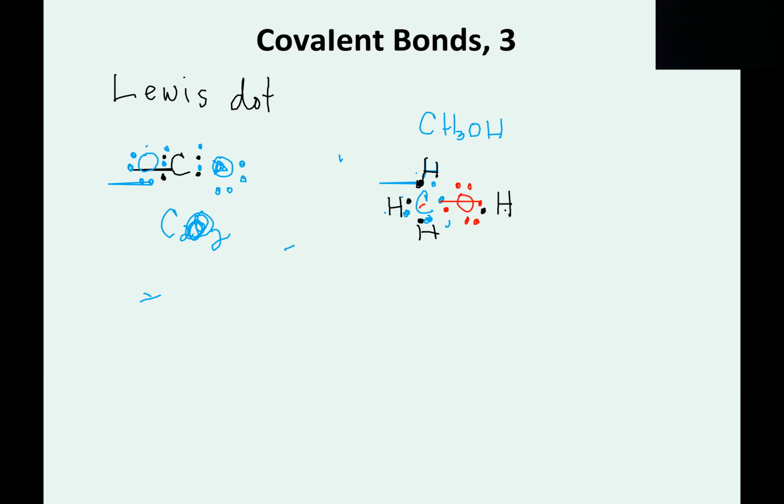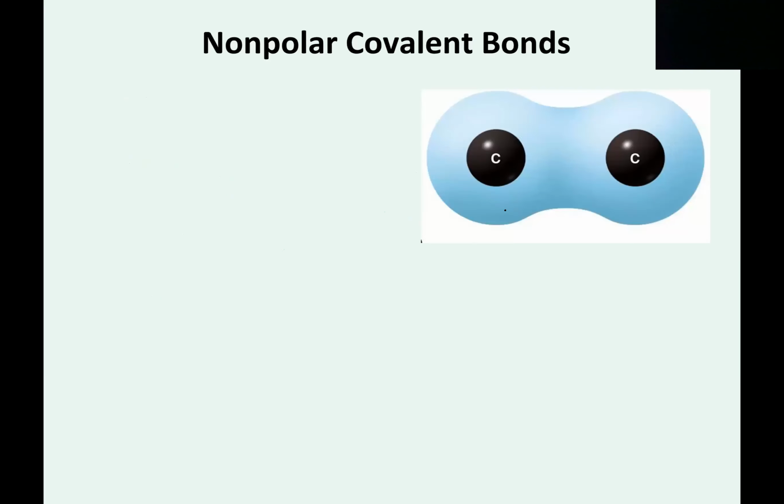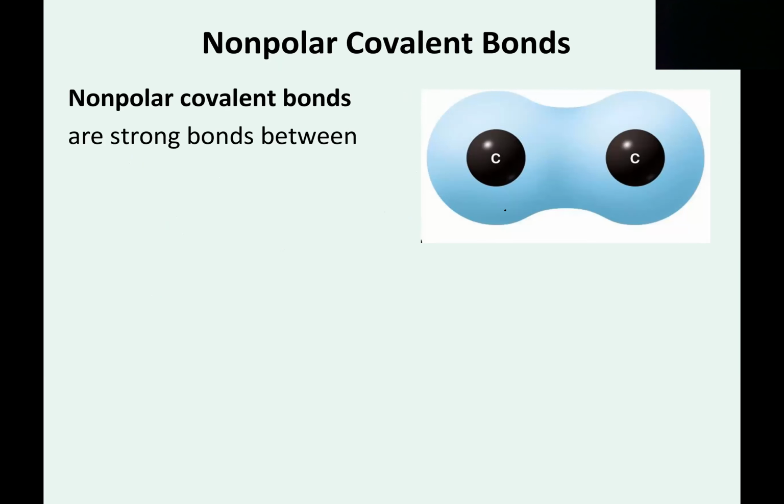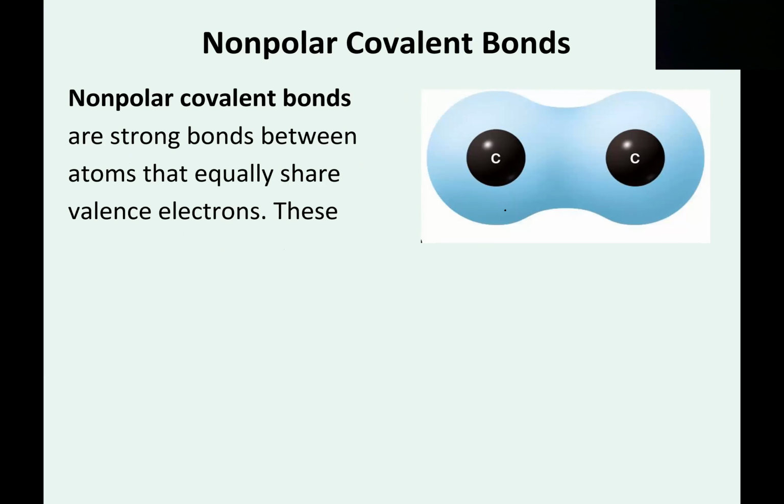Covalent bonds. Okay, now, just like with children, some of them understand the concept of sharing and some of them don't. Non-polar covalent bonds. Non-polar covalent bonds are strong bonds between atoms that equally share valence electrons.